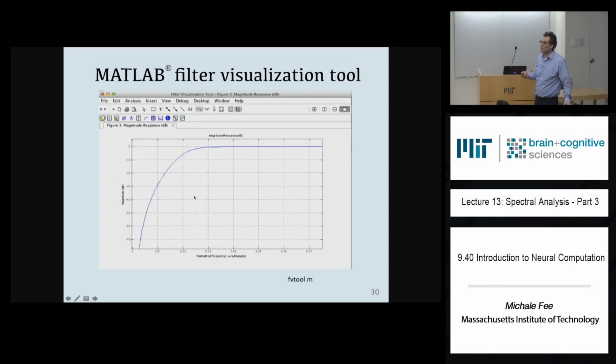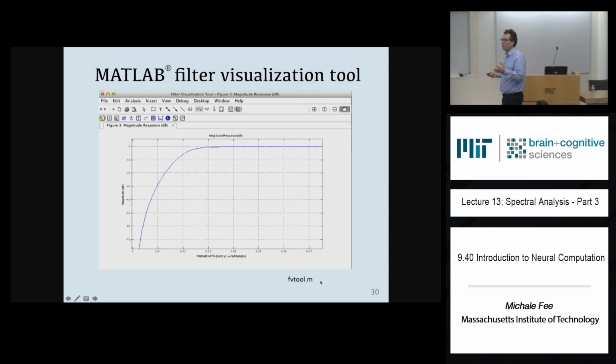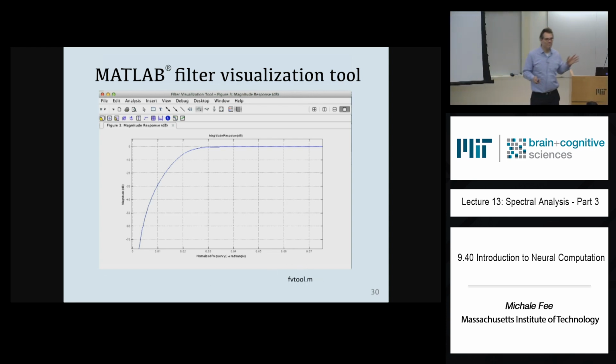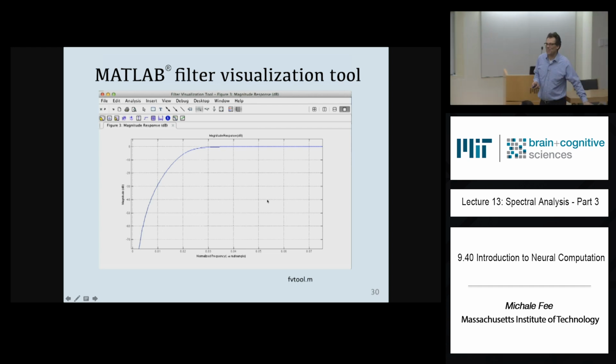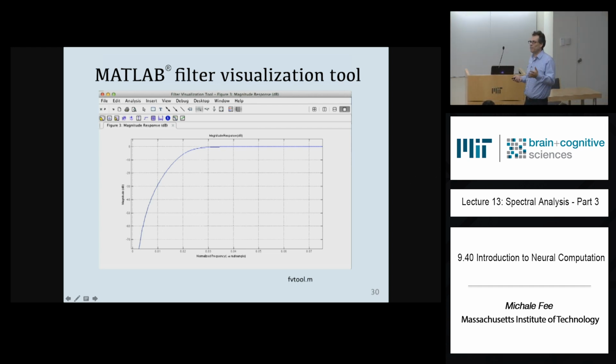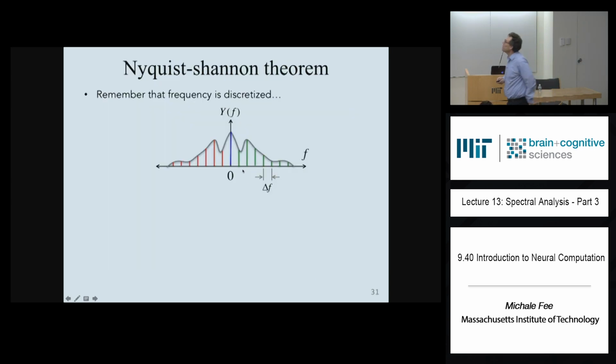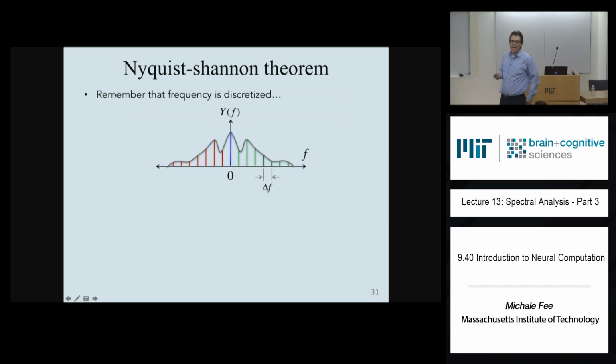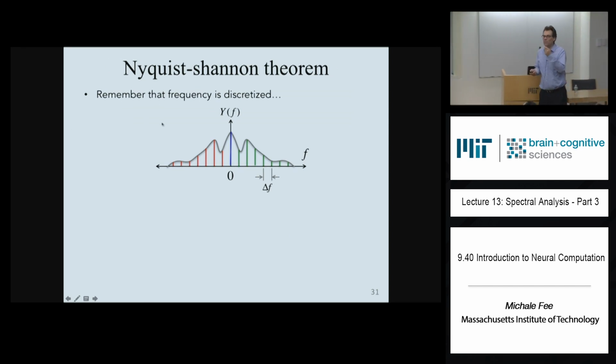Just play around with this because there are a bunch of different kinds of filters with weird names like Butterworth and Chebyshev and a bunch of other things that have different properties. You can actually just play around with this and design your own filter to meet your own needs.